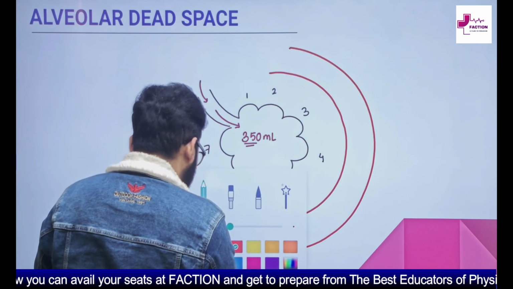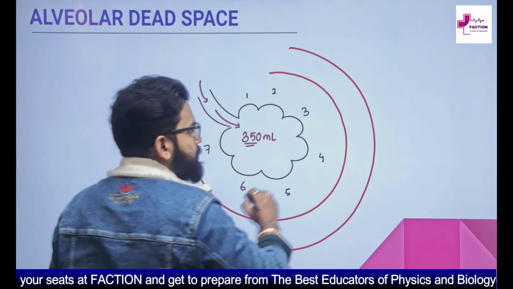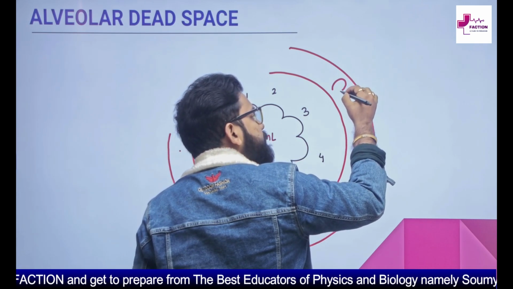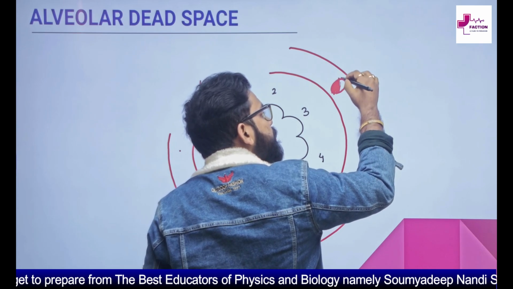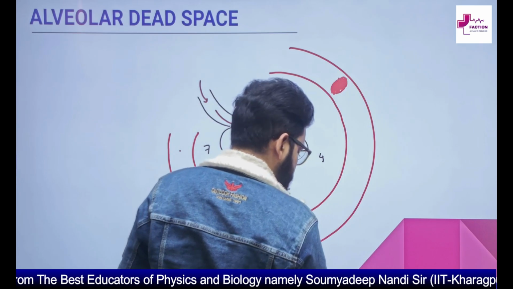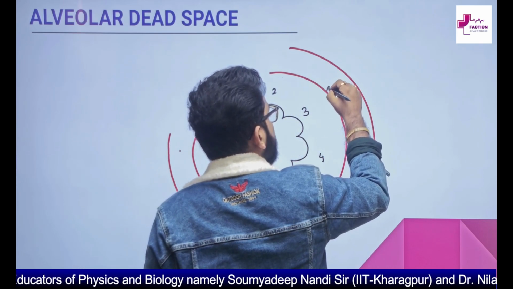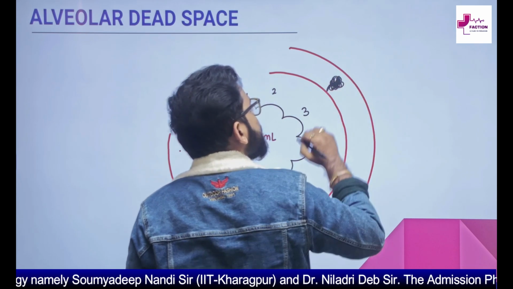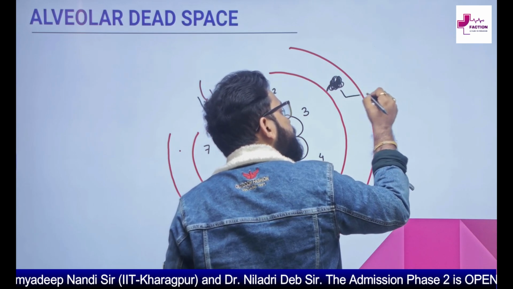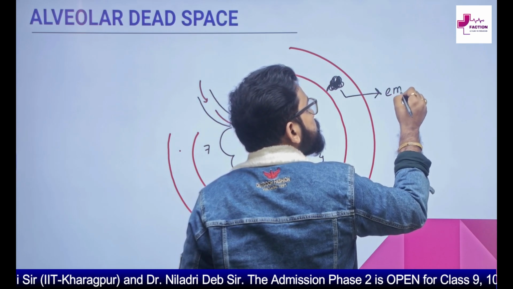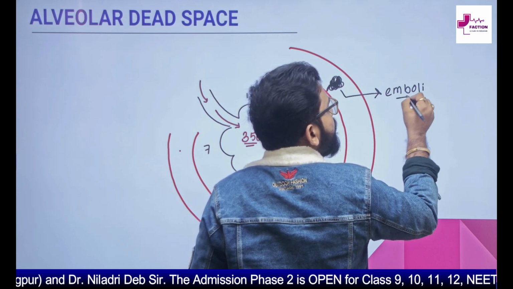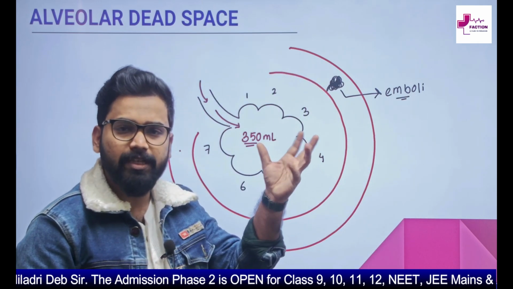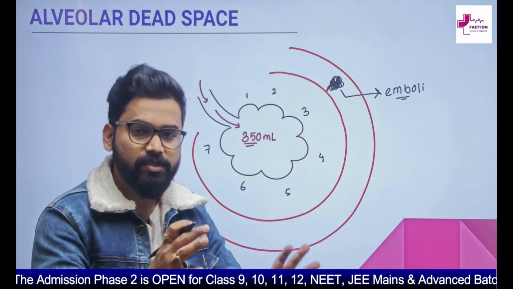Say somewhere the flow of blood is in this direction. Say somewhere in here there is an embolus, or you can simply say there is a clot within the blood vessel due to some reason.